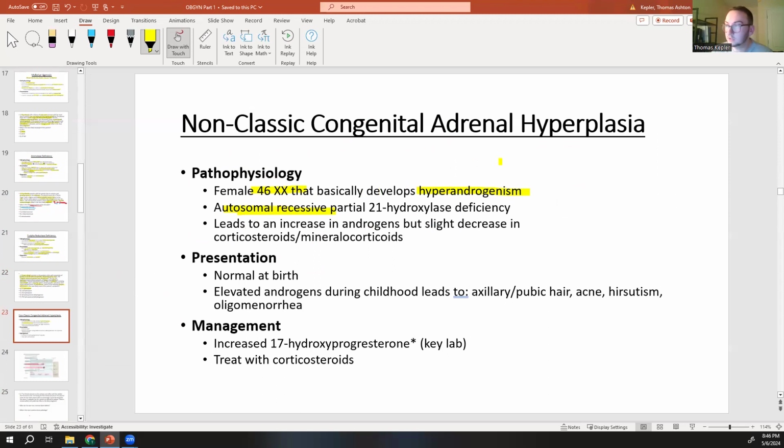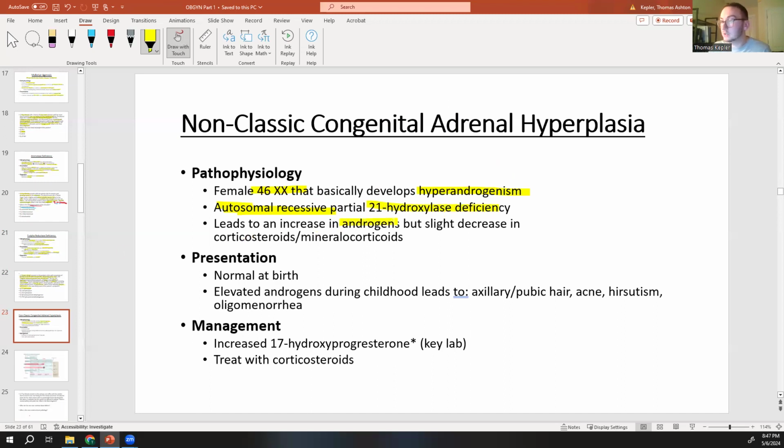On 5-alpha reductase deficiency, yes, there's a D in that name, but the A and the R come first, and so that's how I reasoned through that one. I can't really use that trick here. However, it's also recessive, so just assume autosomal recessive until proven otherwise, 21 hydroxylase deficiency, and it's a partial deficiency.